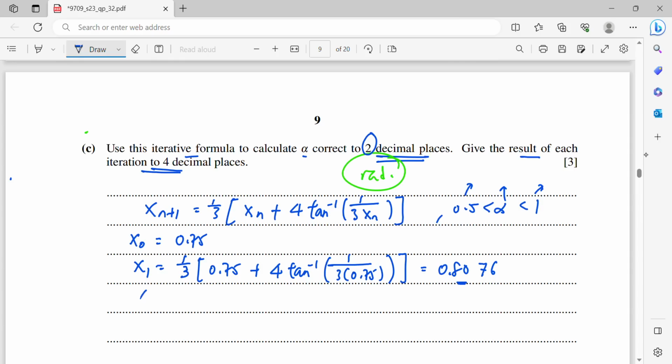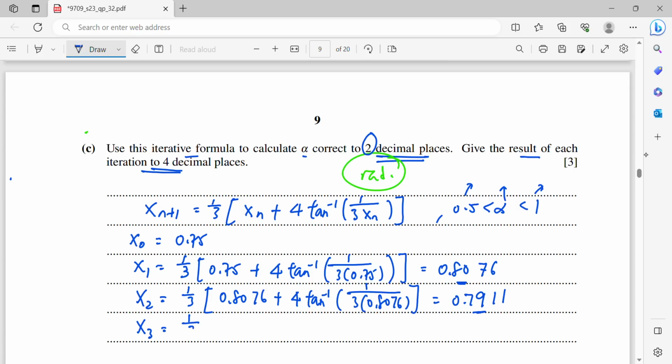Now we need to continue for x2. So x2 will be 1 over 3 bracket 0.8076 plus 4 inverse tangent 1 over 3 times 0.8076. Then you will get 0.7911. Again, 80 is different from 79. Therefore, continue for the next step. Just replace the value accordingly.